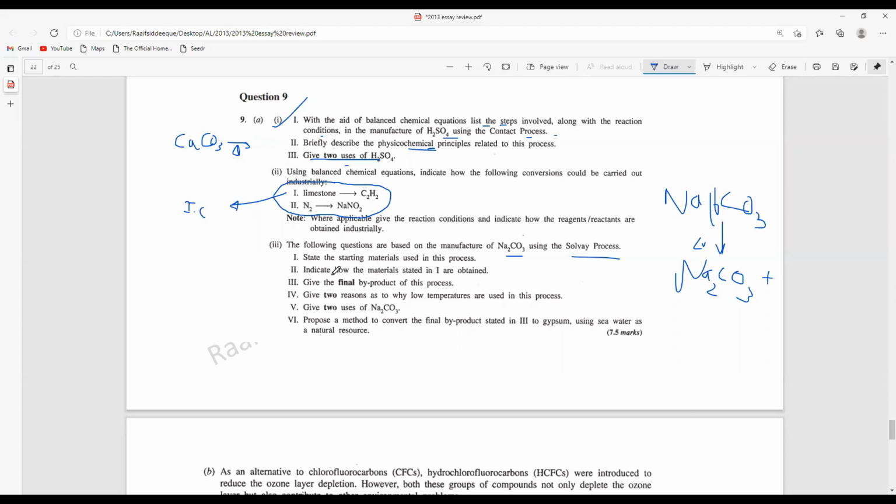So these are how these materials are obtained, right? So we obtain CO2 from limestone, and we obtain ammonia from the Haber process. That is the other thing that you need to know. And we need brine from seawater. Okay, so these are the three starting materials.